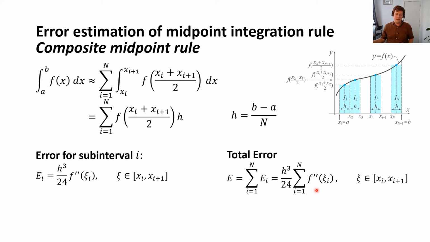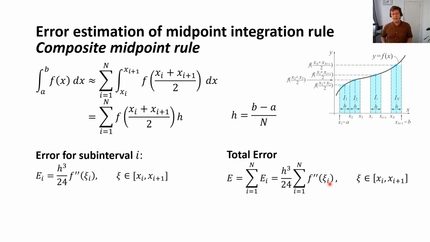Let's see whether we can make a bit more sense of this error. We don't know a lot about all these individual second derivatives, but if we start adding more and more of those terms together, we should be able to try and get this sum out somehow, because if we increase the total amount of subintervals, this sum would probably also increase if f double prime is somewhat uniform, but h would decrease.